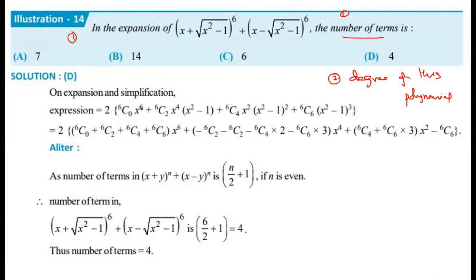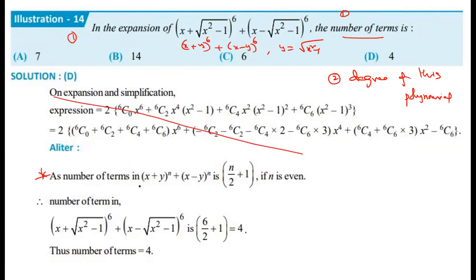See, if you are expanding, what the result is coming? These type of questions take, this is (x plus y) whole power 6. This is (x minus y) whole power 6. Why? Because y is fixed, x square minus 1. Clear? That's all. This is not required. Direct, this is a simple method.